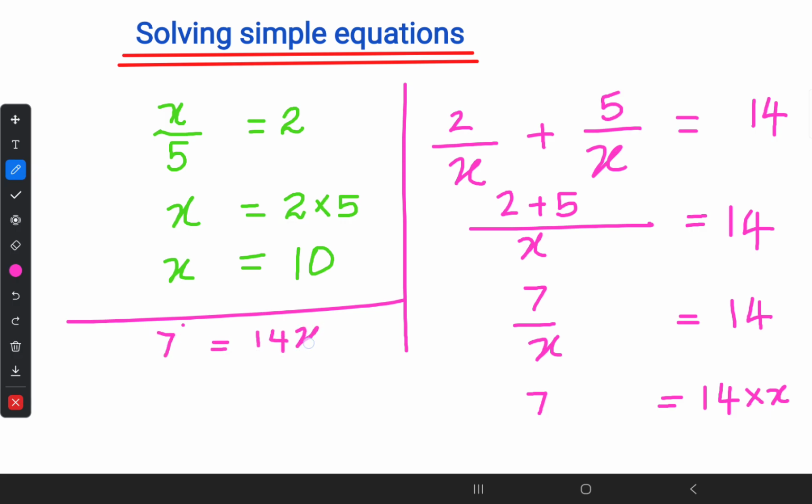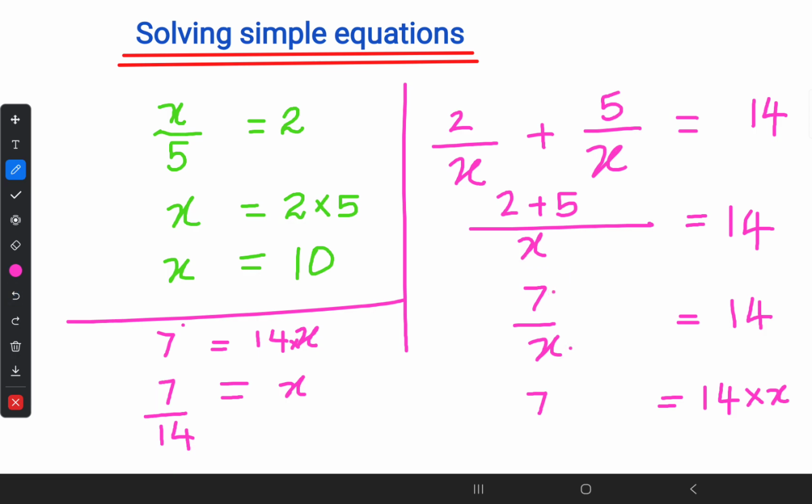To find the value for x, we don't want 14x either. We only need the value for x. So x would be equal to 7, which still remains the same. You have to bring the multiplicand 14. On the right hand side, 14 is a multiplicand. You have to bring the multiplicand as a divisor. There are many differences between these fractions. Look at them.